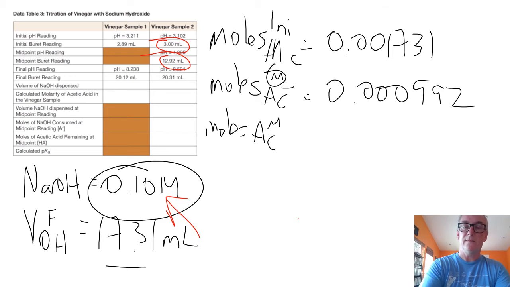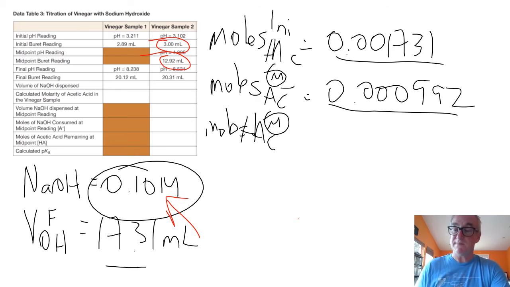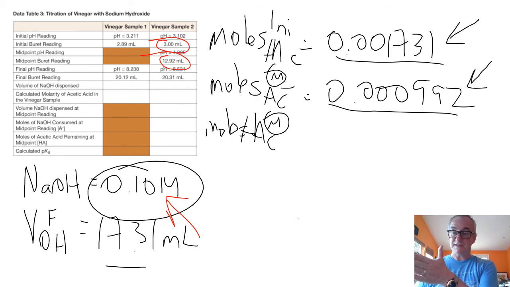This is midway, and this is midway. How many moles of acetic acid were there midway? Well, if we started with this much, and we've converted this much to acetate, then the difference must be how much acetic acid is left over. Started with this, converted this much into acetate.